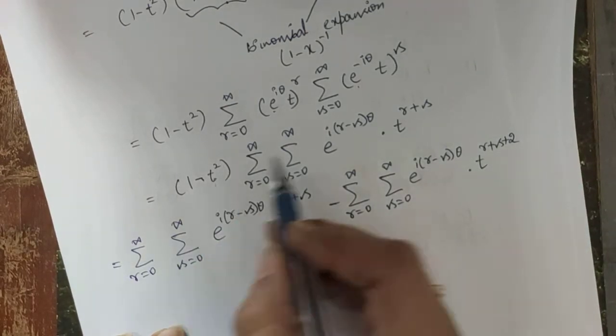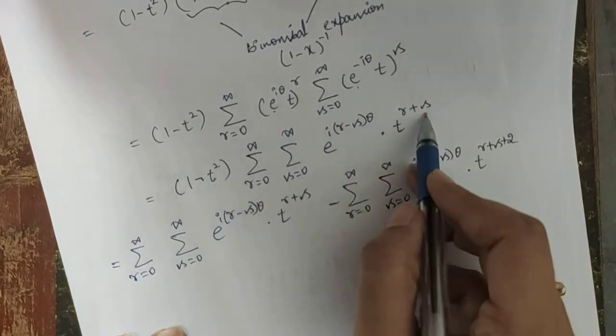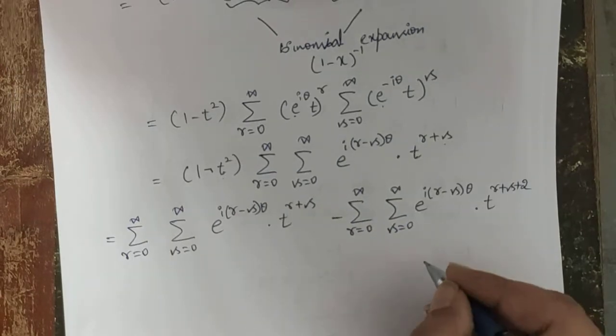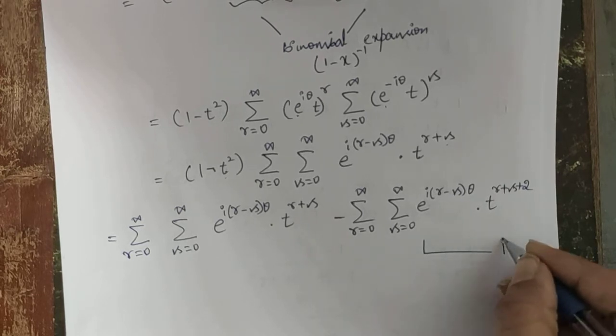This is t square, since bases are the same, I will add this 2 with this. So we are getting r plus s plus 2. I will call this equality as 1.